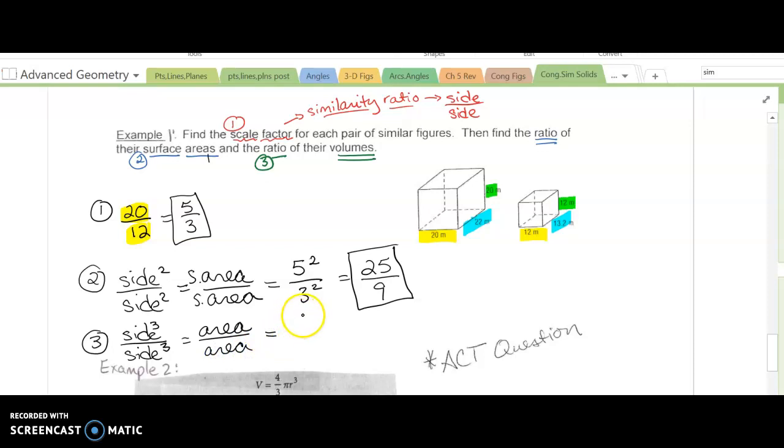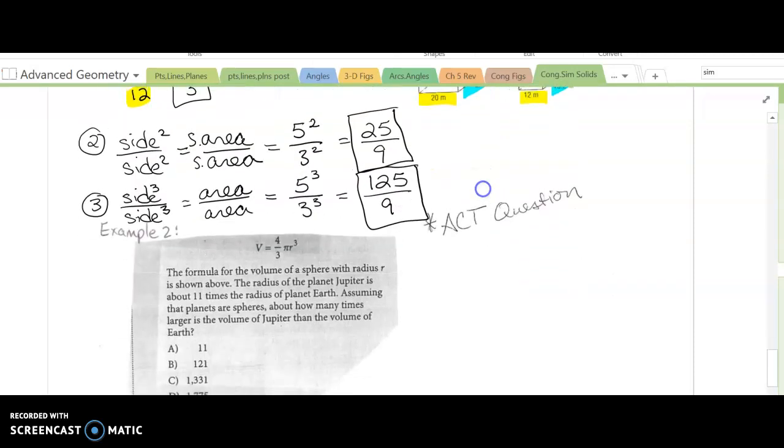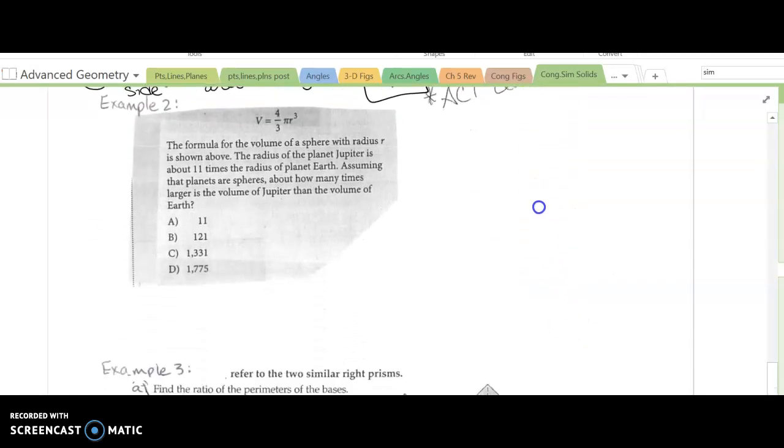So no, the actual volume is not 5 cubed, the actual volume of the little one is not 3 cubed necessarily, but whatever the ratio is of those two will reduce to 125 to 27. So that's example 1.